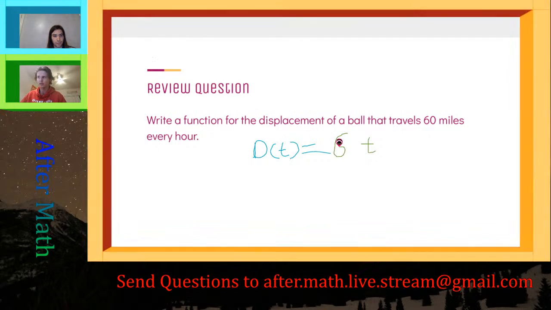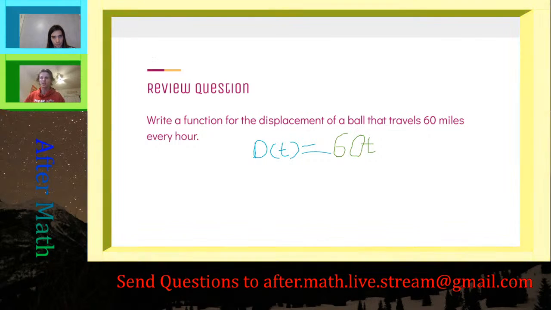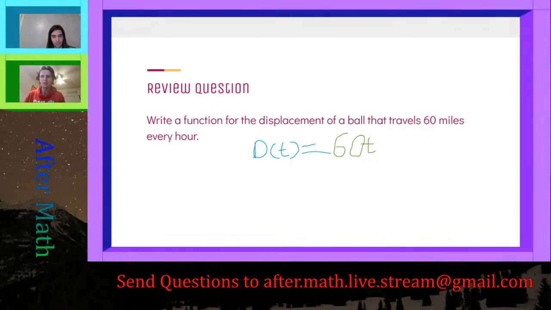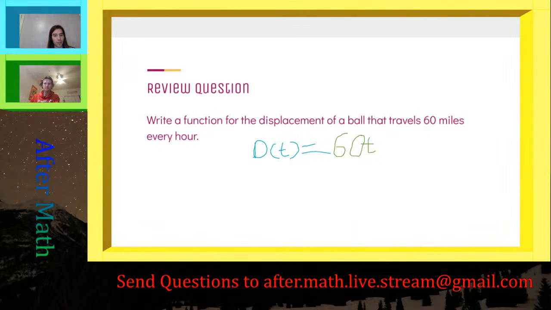So I'm going to write 60t. Is there anything else that needs to be included in this equation, Kip? I don't think so, because we don't have a start placement or anything like that. I think we have written out a function that describes this statement.